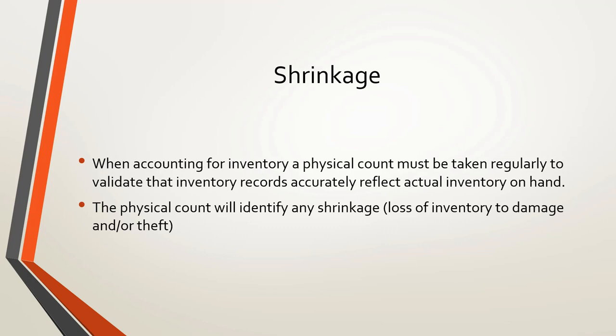And so the value we have on our general ledger books is probably overstated. We have too much there. And so a physical count will tell us exactly what our inventory value should be. And once we know that, we're going to have to do an adjusting entry that will change the value of our merchandise inventory from the current book number to what it actually is based on the physical count.